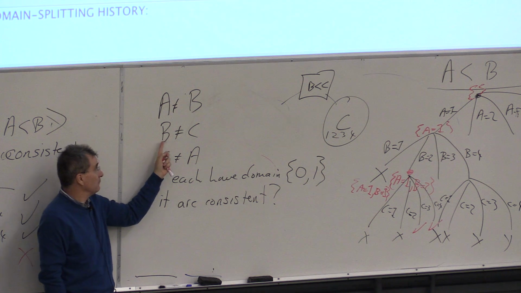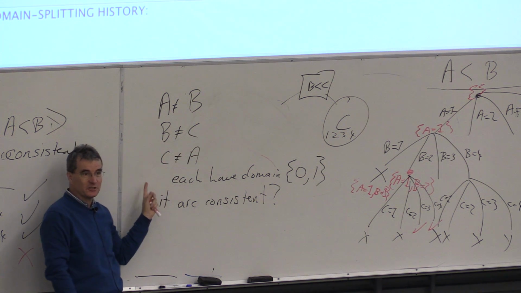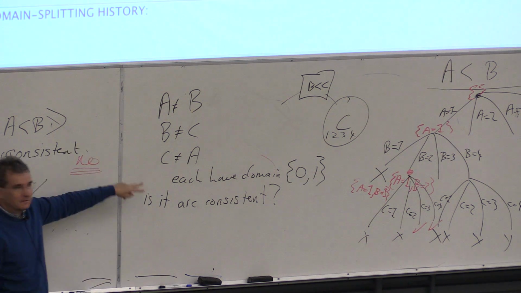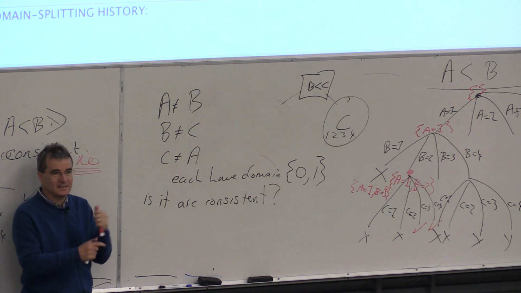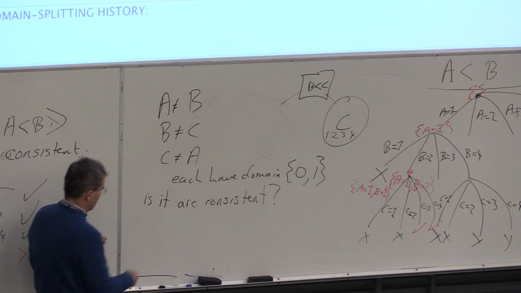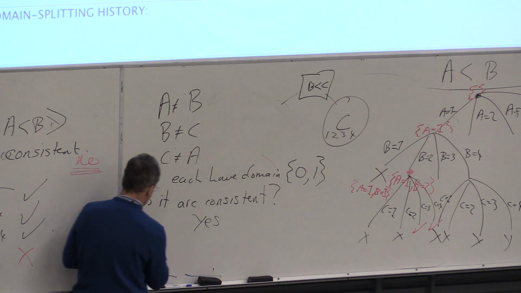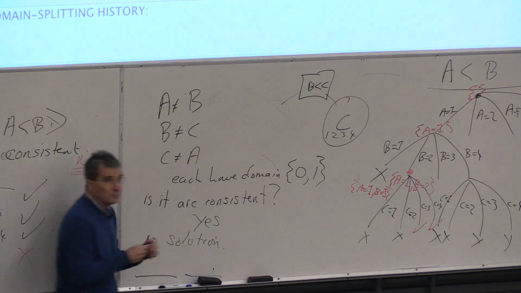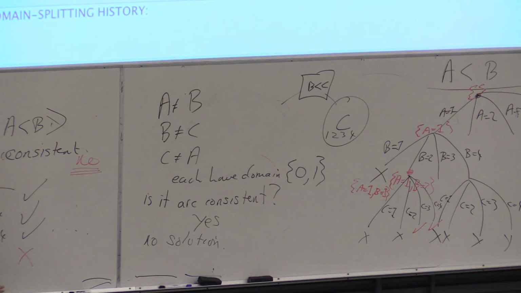For every value of B, there's a value for C, and every value for C. But is there a solution? No, right? So you actually don't know from the fact that it stops being arc consistent. Although we've simplified the problem, we haven't actually solved it. So it's yes, but there's no solution. Okay. And we'll talk about that next time.